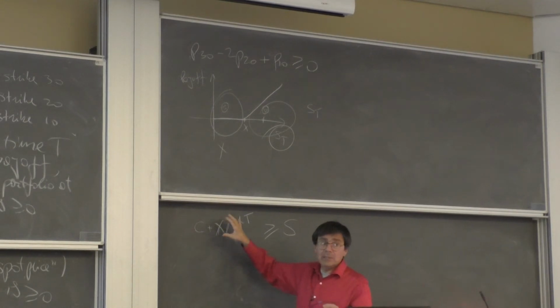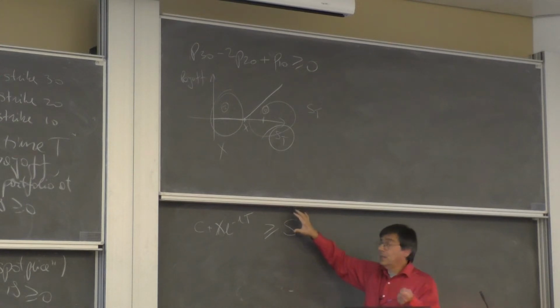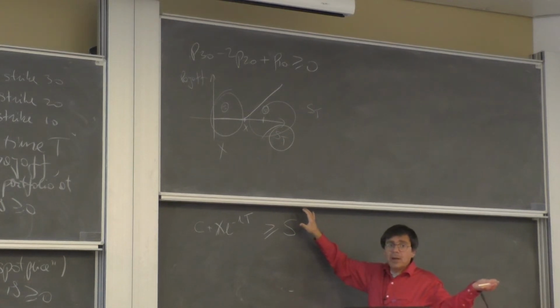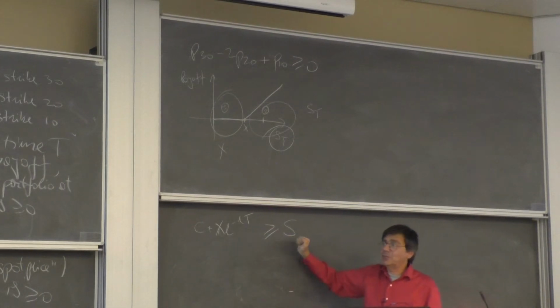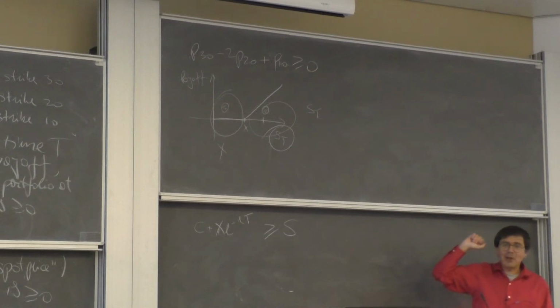That value must be greater or equal to the value of portfolio B at time 0. What does portfolio B have? It has 1 share. What name do we give to the price of 1 share of the underlying asset? We called it S. So the price of portfolio A at time 0 must be greater or equal to the price of portfolio B at time 0. Is this making sense now?